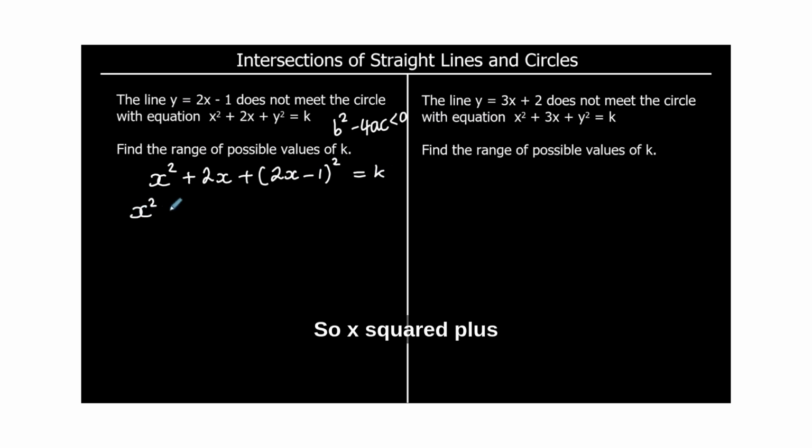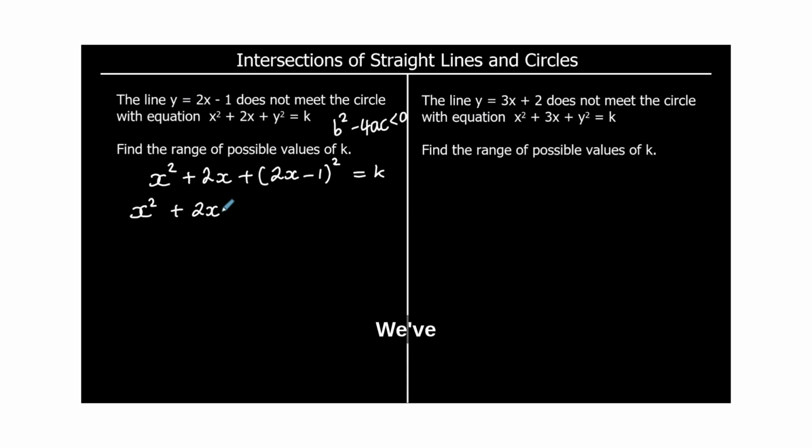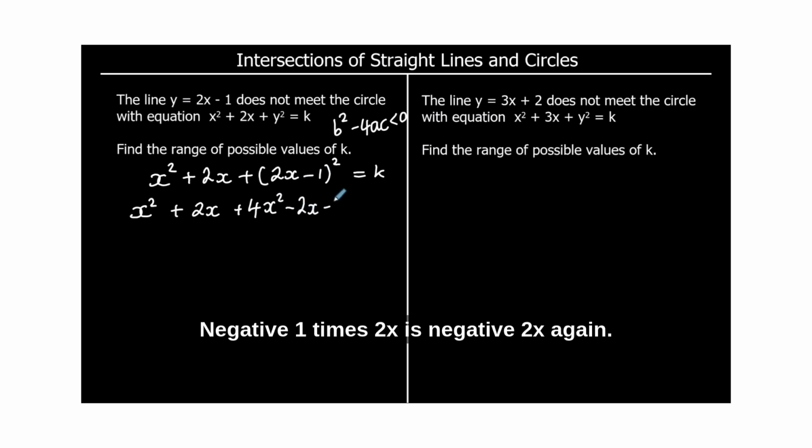So x squared plus 2x, and then expanding and simplifying the double brackets again. If you want to write them out, please do. We've got 2x times 2x, which is 4x squared. 2x times negative 1 is negative 2x. Negative 1 times 2x is negative 2x again.